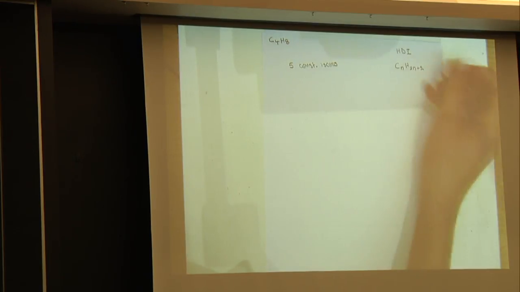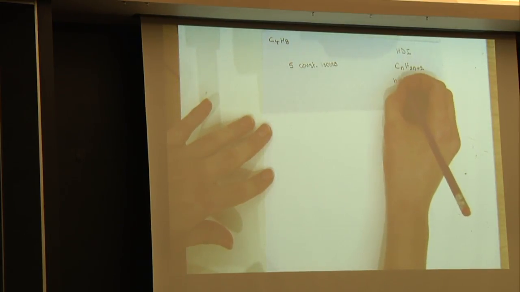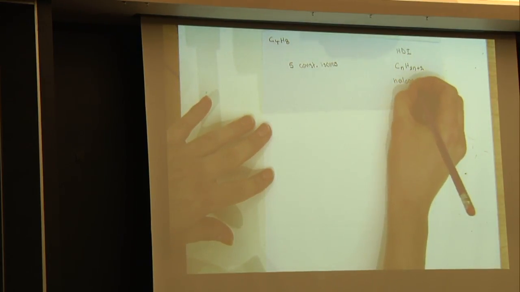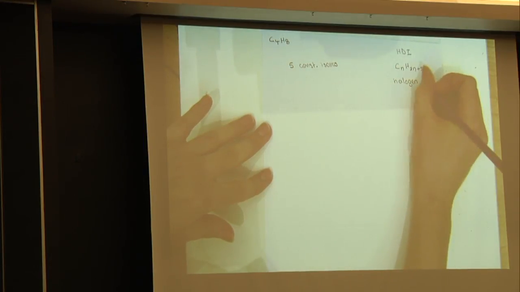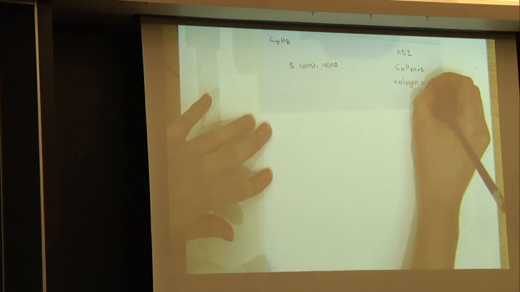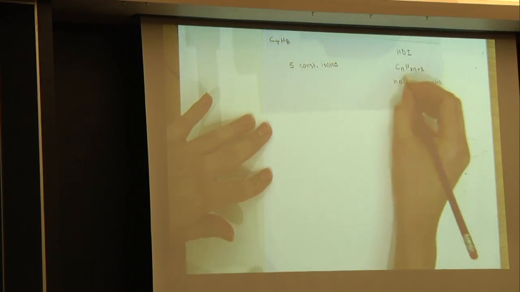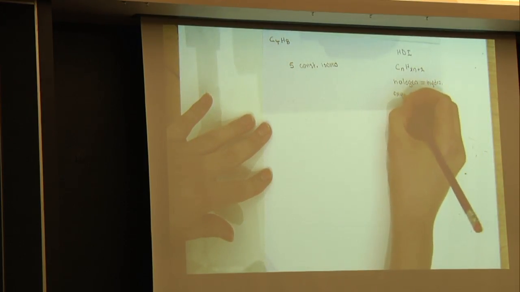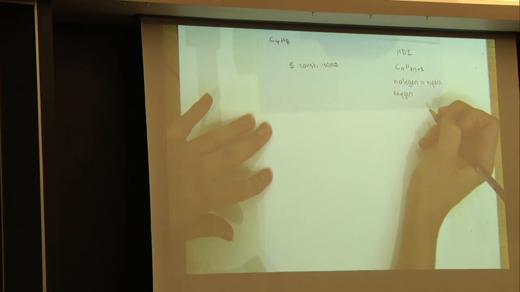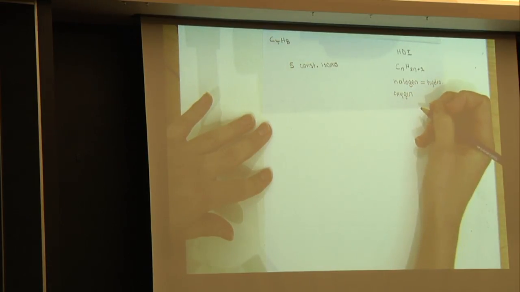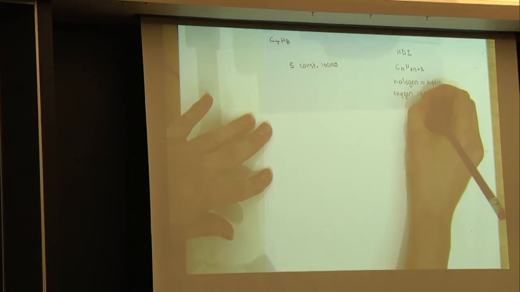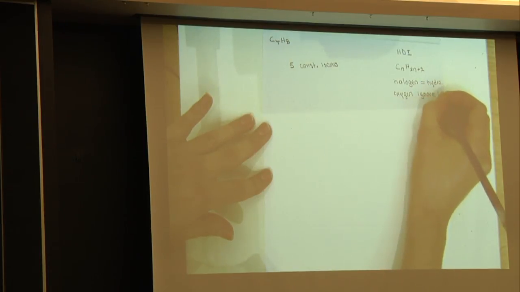Now, if I have a halogen, right, I'm going to consider it as a hydrogen, right? If I have an oxygen, what am I doing? I just ignore it. Ignore, right?